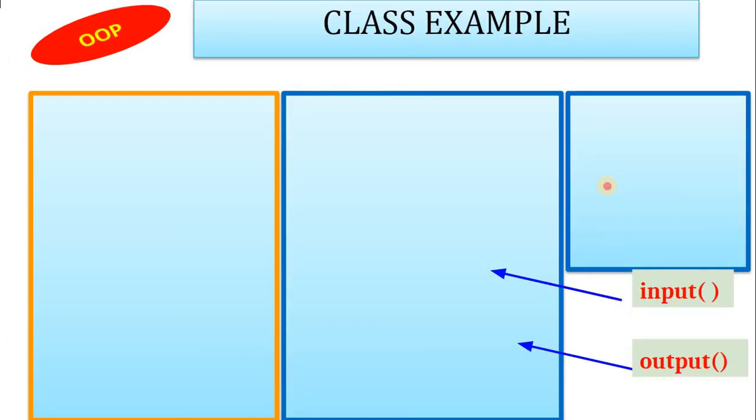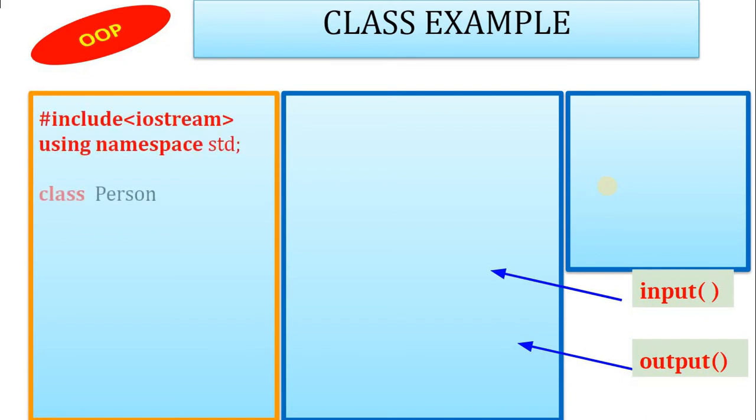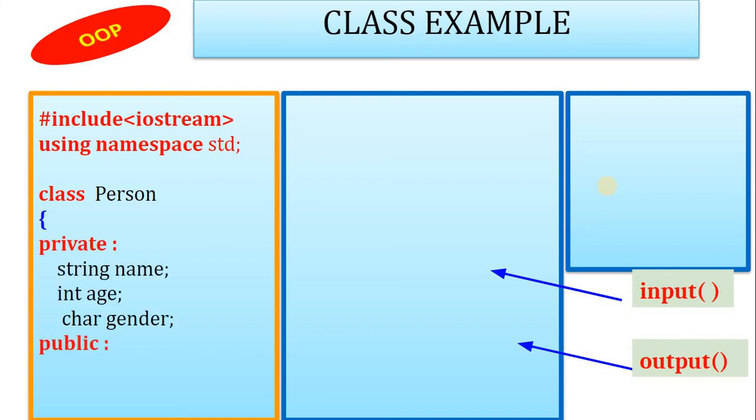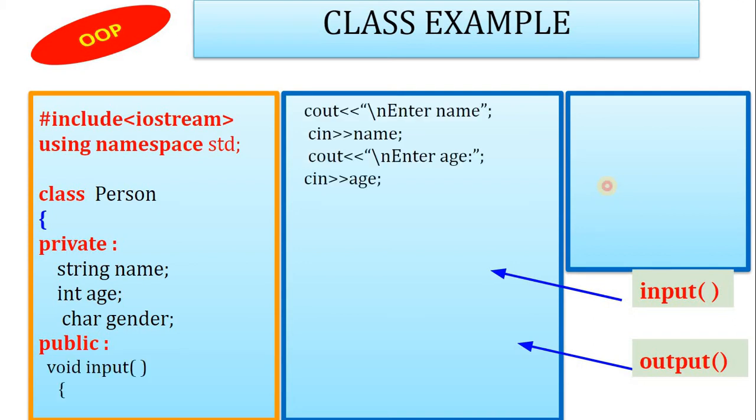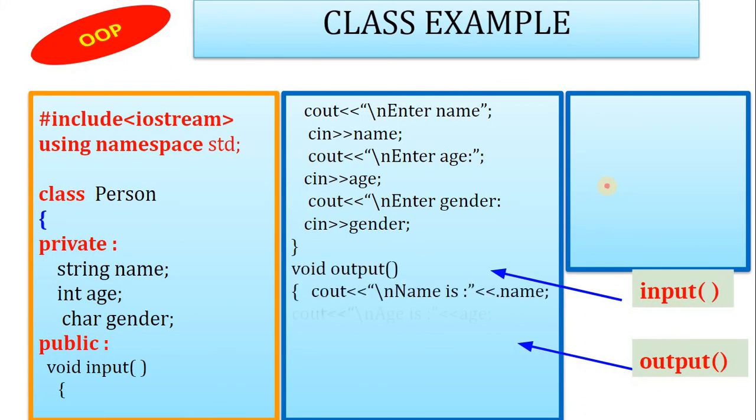So, for example, if I am writing with the help of class person, the private data members I am taking, string name, age and gender, are considered to be private data members, whereas in public I am taking the input function and output function to be written inside the public part.